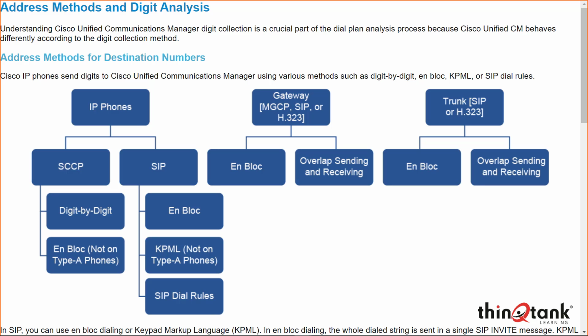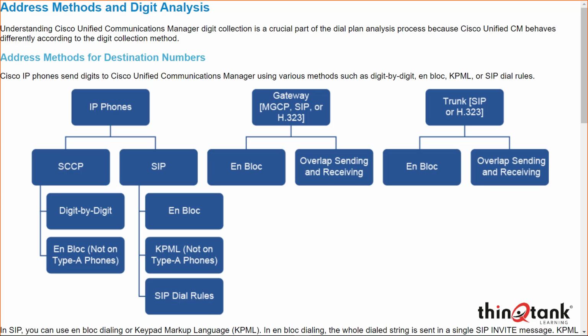All right. So it's just a way, again, of how we handle the digits, how the information is exchanged. Overlap sending specifically means that Call Manager is going to keep collecting digits as they're dialed, and then pass them on to the PSTN as they're dialed. And in Call Manager, when you're configuring the route pattern, there's a checkbox where you can check the box that says allow overlap sending as part of the pattern.